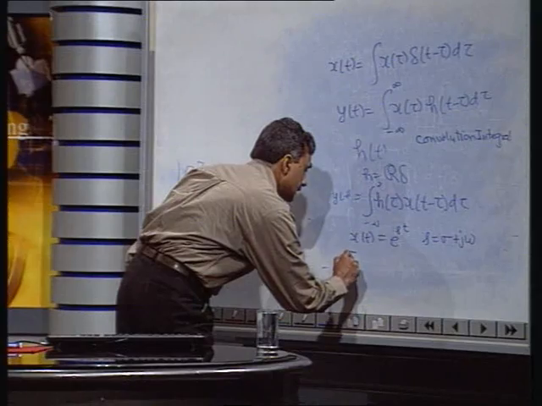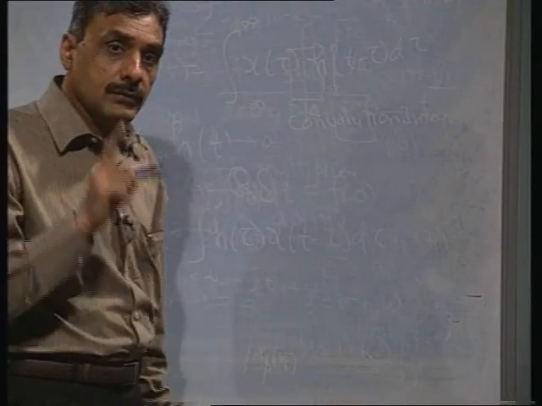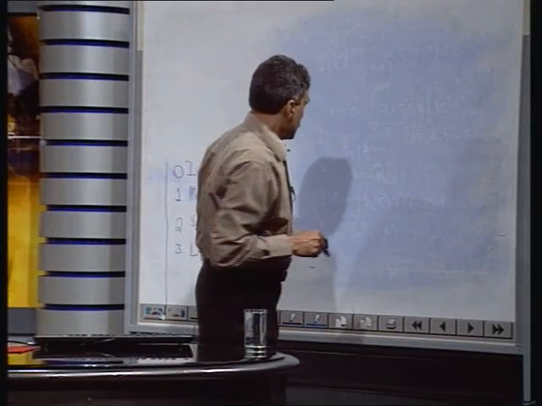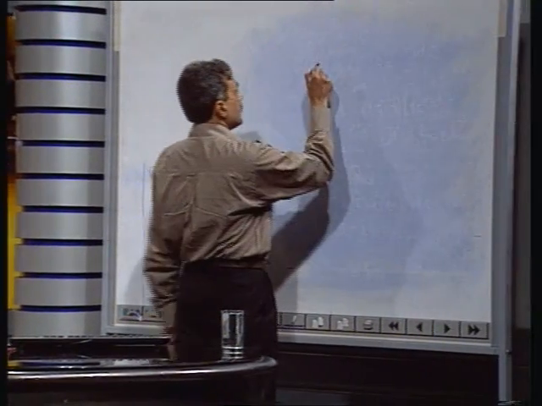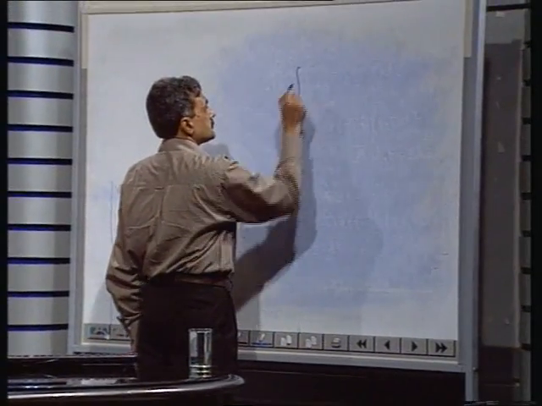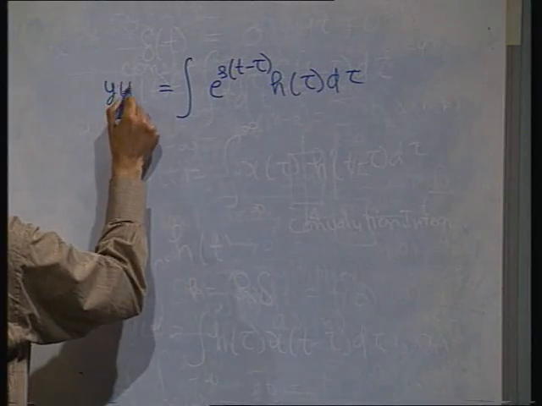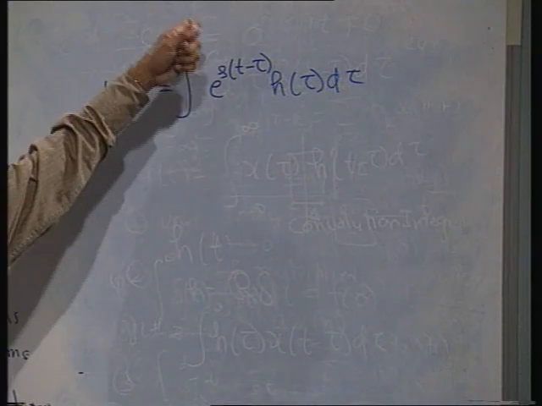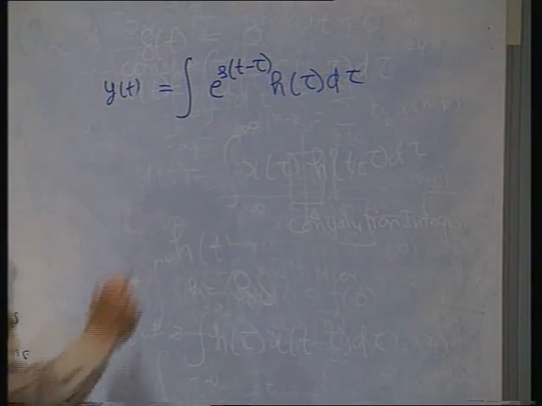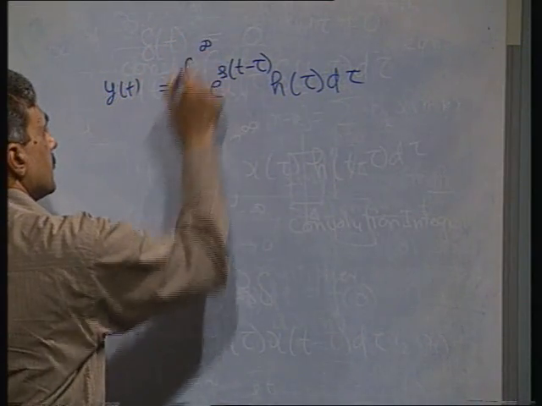I can immediately see that the response of the LTI system to an exponential input will be like this. Call it y(t), it doesn't matter. I am feeding an exponential input, this is what the response will be, from minus infinity to infinity.